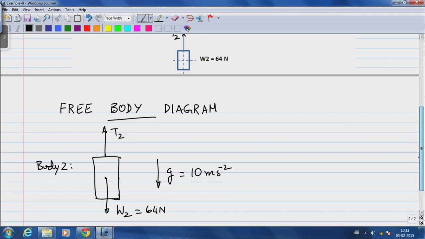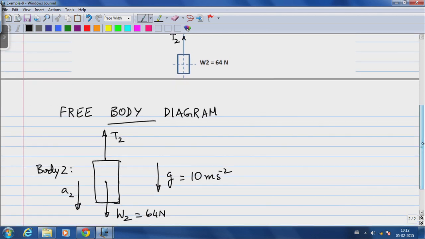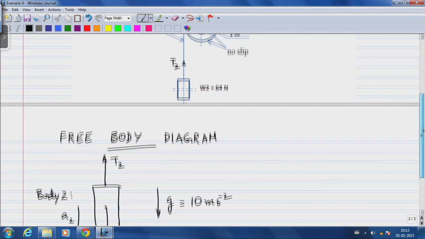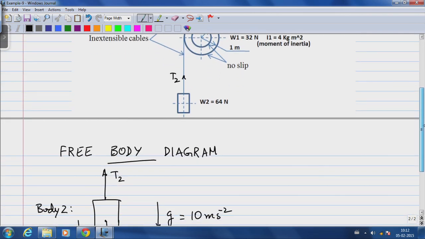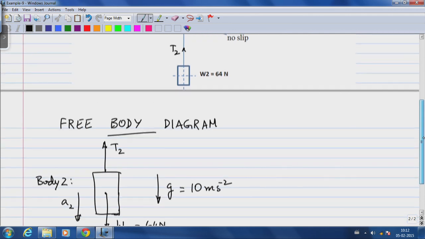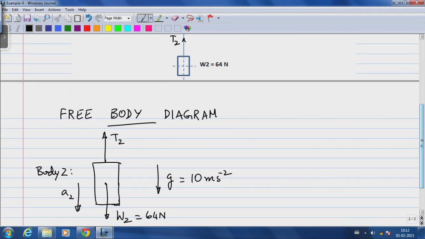Alright, so we are going to assume this body has an acceleration A2. Now some textbooks will show you what is called a kinematic diagram that shows the relationships between the two in a kinematic sense, and we will see how to do that in a short while. But for now I know this body has an acceleration A2, and I am going to, without loss of generality, assume it is downwards.